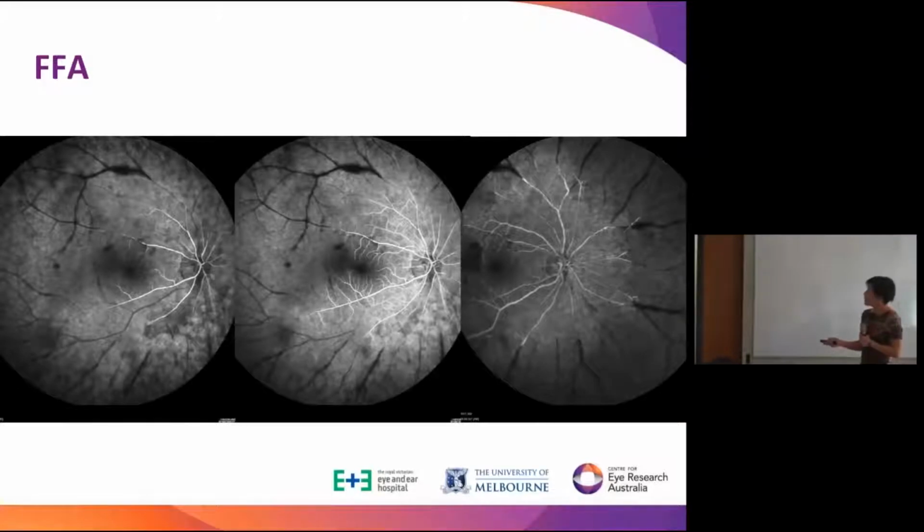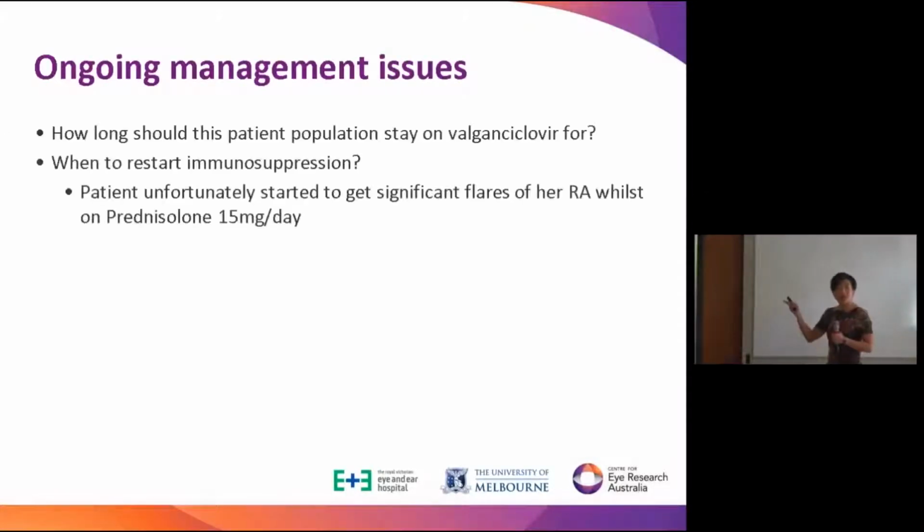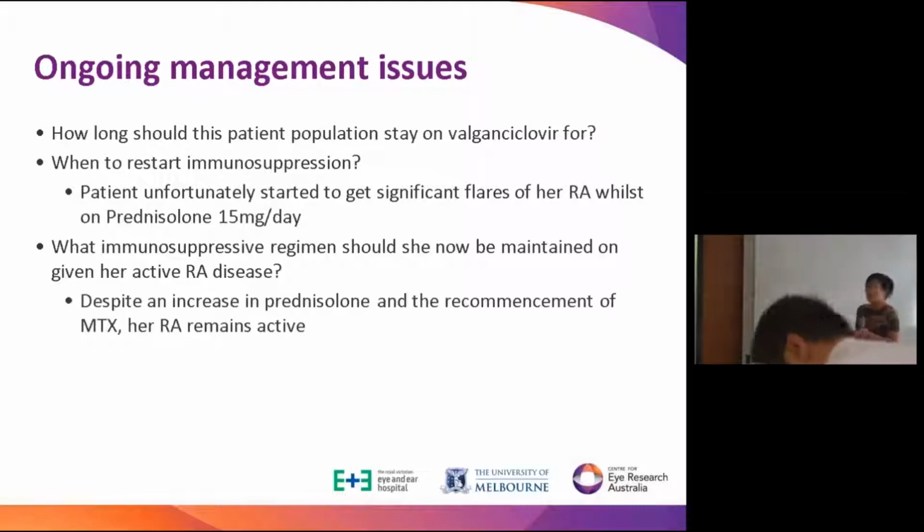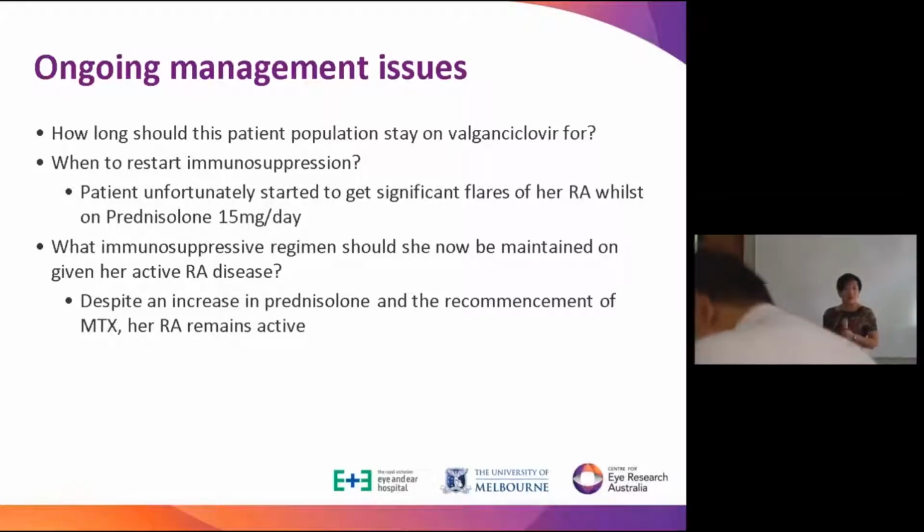Really the problem is that she's got the CMV retinitis because of her immunosuppression. But when we stopped her immunosuppression, she couldn't get out of bed because of her rheumatoid arthritis. So now we've got this horrible seesaw between keeping her rheumatoid arthritis under control and keeping her sighted.